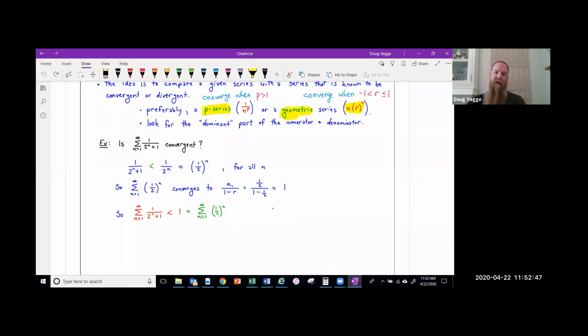let's assume that I have some series, okay? And I'm trying to determine whether or not this series right here converges or diverges, okay?